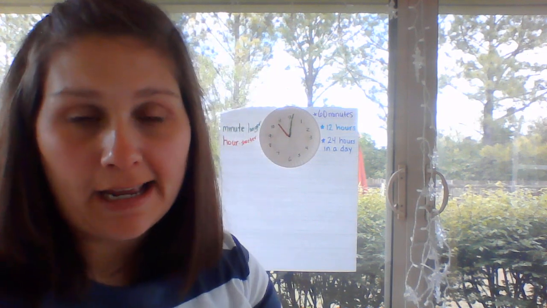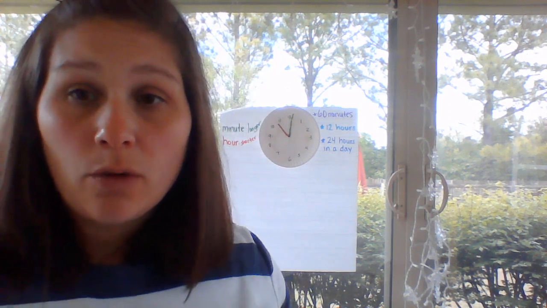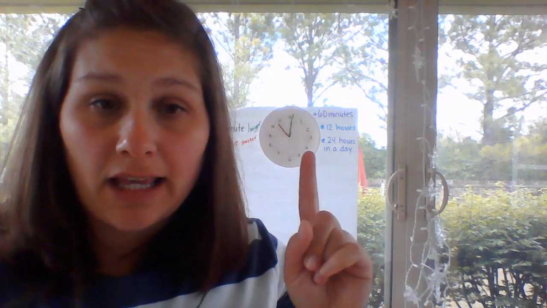Okay, so there's a minute hand and there's an hour hand. So what we're going to do is practice, again, making these times. So you need to either get your pretend clock, or your Judy clock, or you need to use your math app, the one that we logged into earlier in the week, and you can use that to help you.